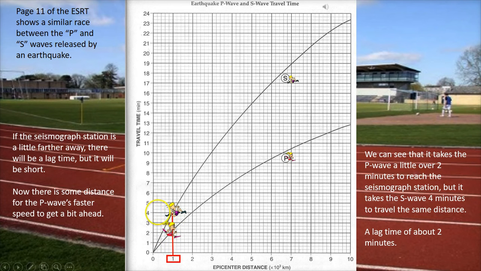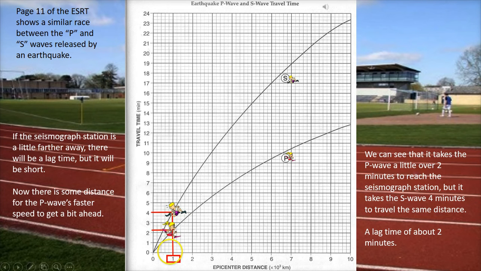It takes the S wave around 4 minutes. So the difference between the 4 and the 2 minutes is 2, and we know our lag time is about 2 minutes. If the S wave comes in 2 minutes after the P wave, then that epicenter is about 1,000 kilometers from the recording station or seismograph station.